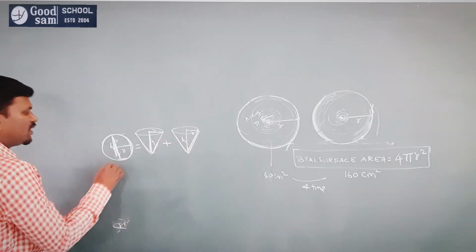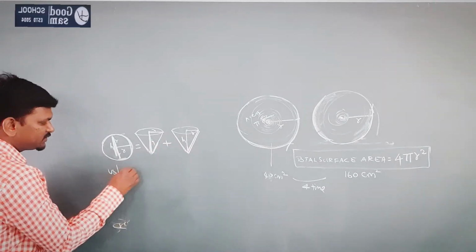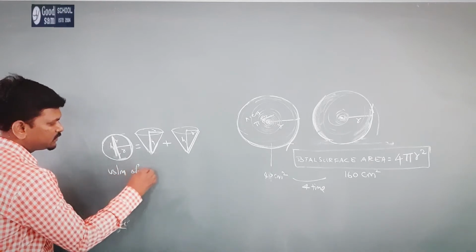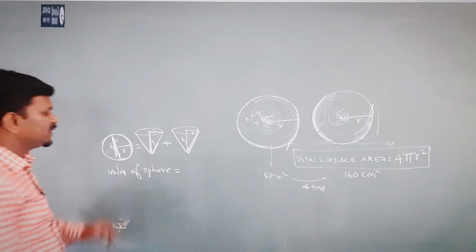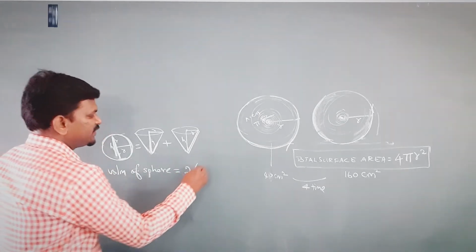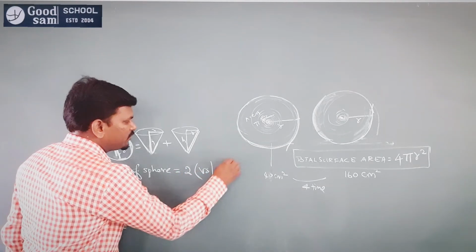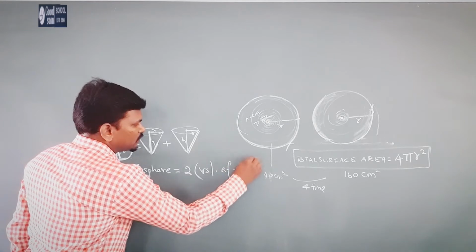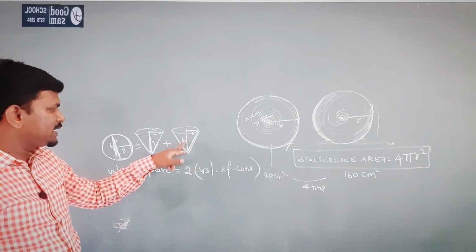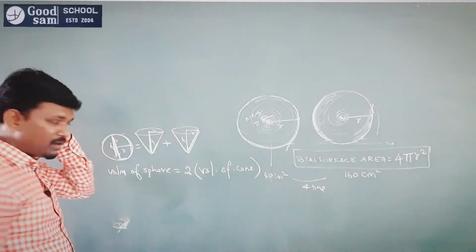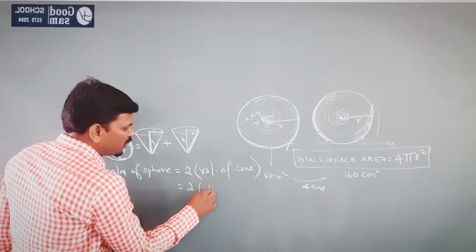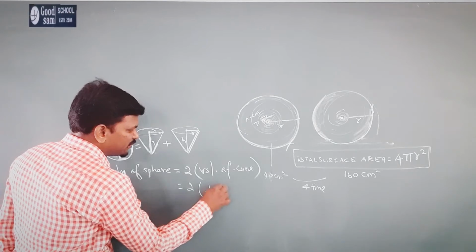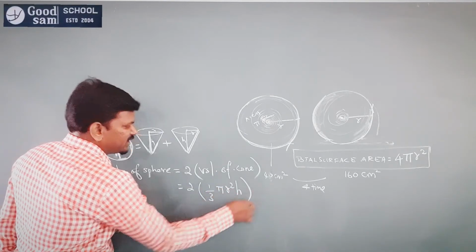So the volume of a sphere is equal to 2 times the volume of a cone with height h and radius r. So 2 into the volume of the cone, 1/3 πr²h.